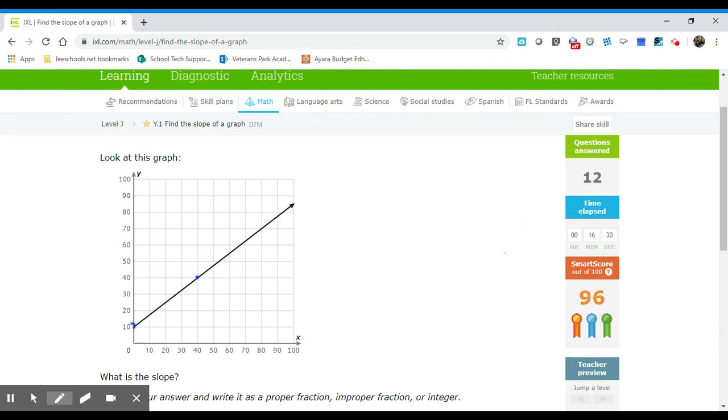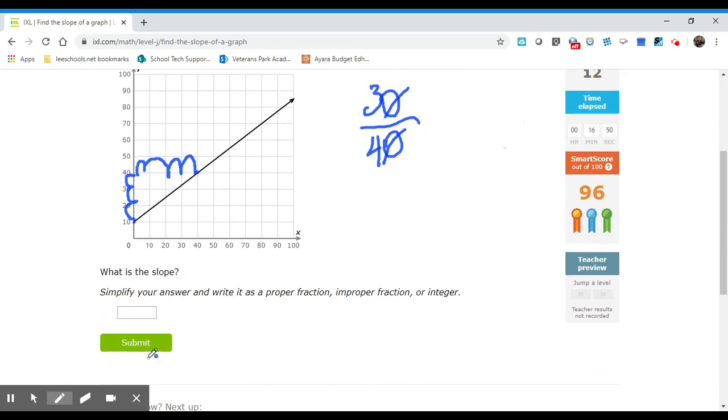So we're rising 10, 20, 30, and we are running 10, 20, 30, and 40. And if we just knock these zeros off on the end, we have 3/4 is our answer here. 3/4. All right. Make you move up in ones once you get to the top, don't they?